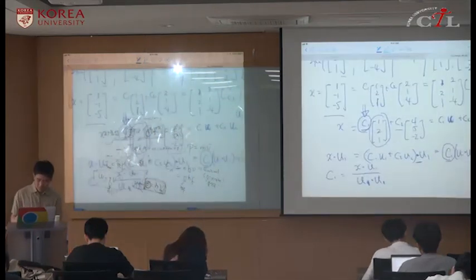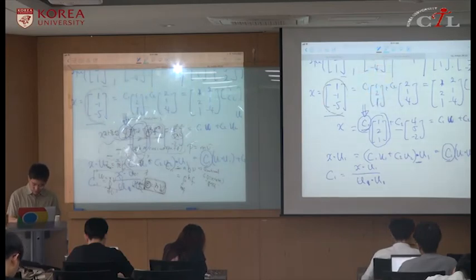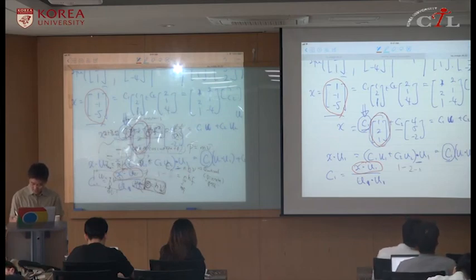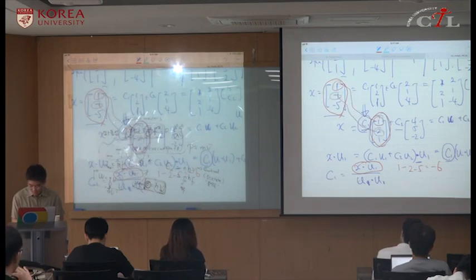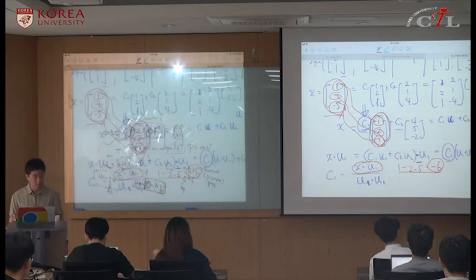So in this example, how do you find C1? We just do the inner product between these two, because that corresponds to the numerator, right? And what is the inner product? 1, minus 2, and minus 5 minus 6. I did the inner product between these corresponding pairs of entries and summed them up. That gives negative 6, right?